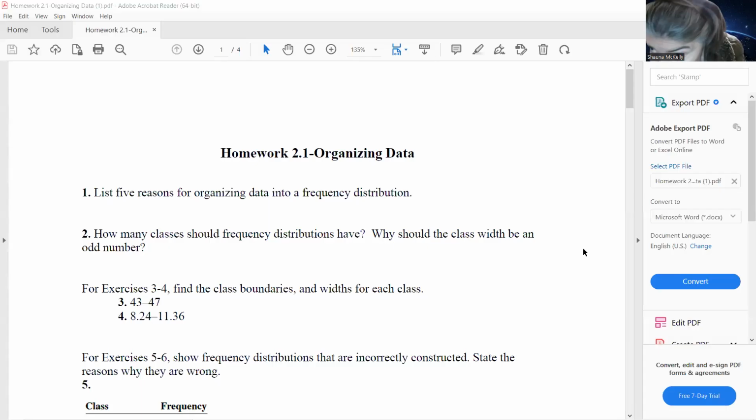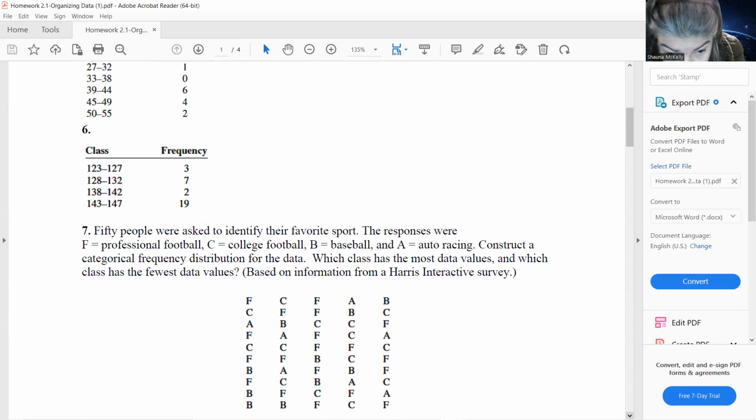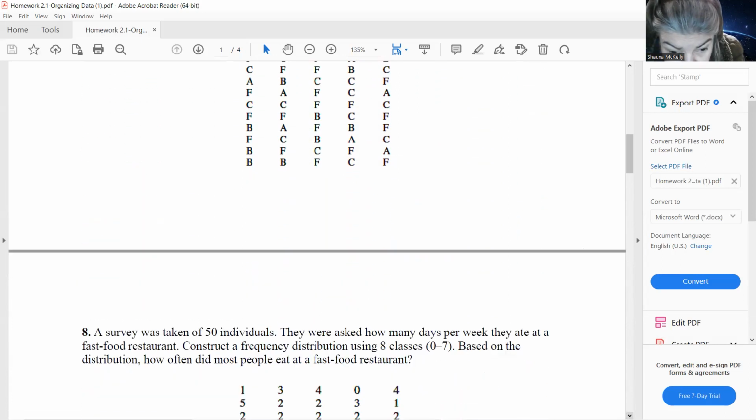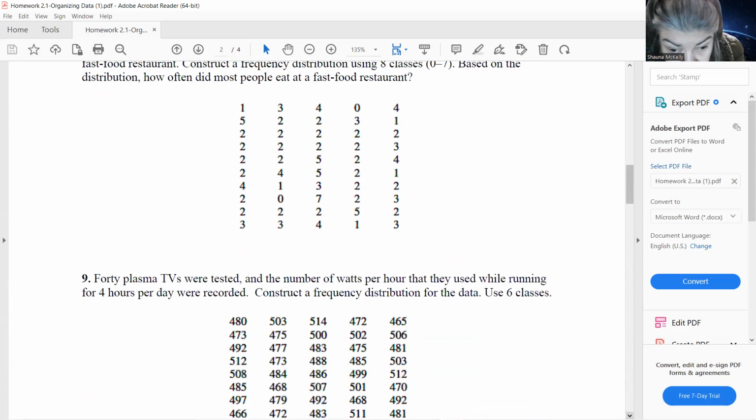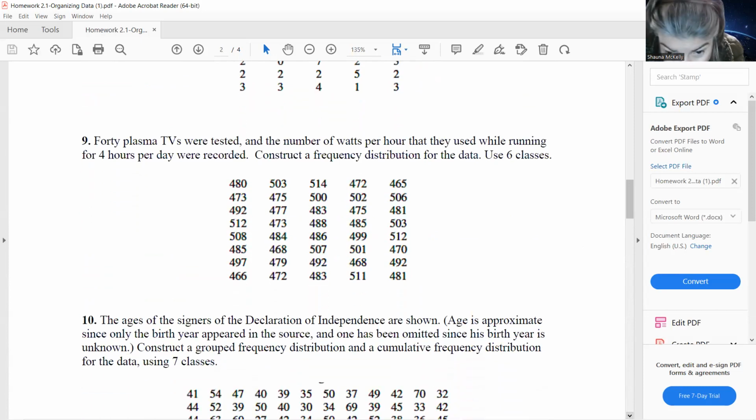This is your homework for 2.1. And the data for the plasma TVs, this is number 9 on your homework. And here is the data that you were given.